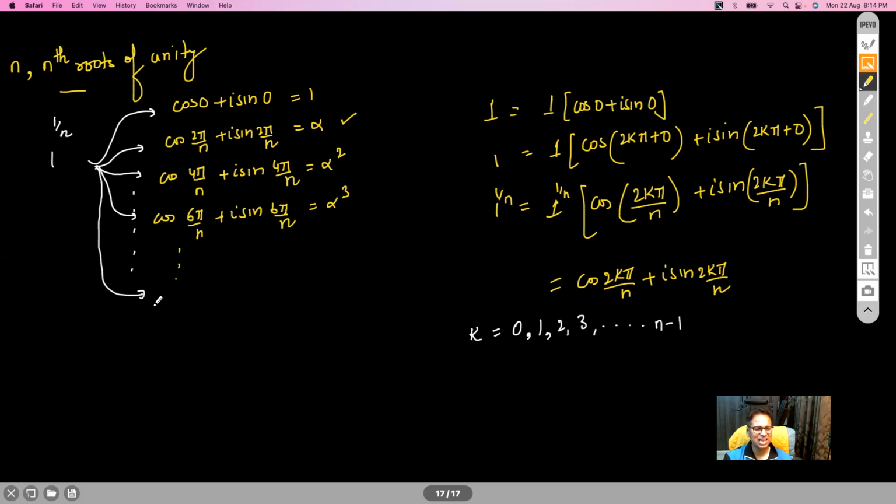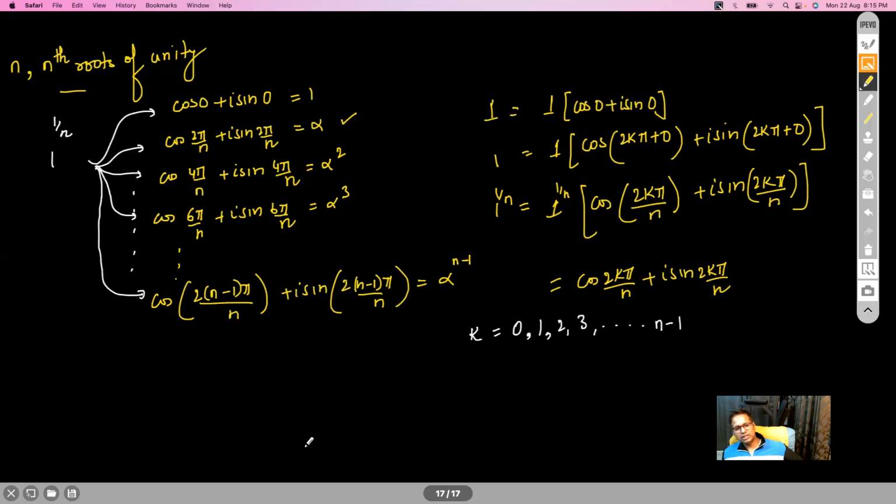So now going to the last one directly, you will have cos 2 times n minus 1 pi by n plus i sin 2 times n minus 1 pi by n. And as you can rightly predict here, this is actually alpha to the power n minus 1. Is it fine? Any questions? Any concerns?